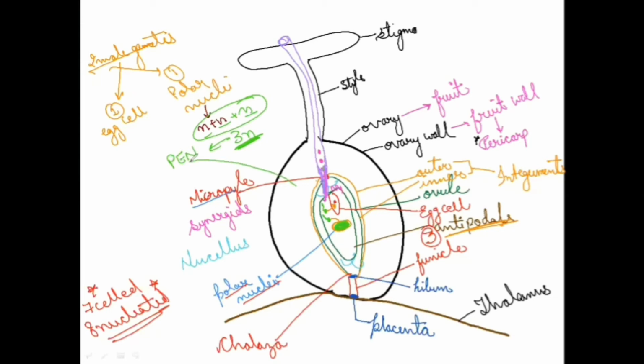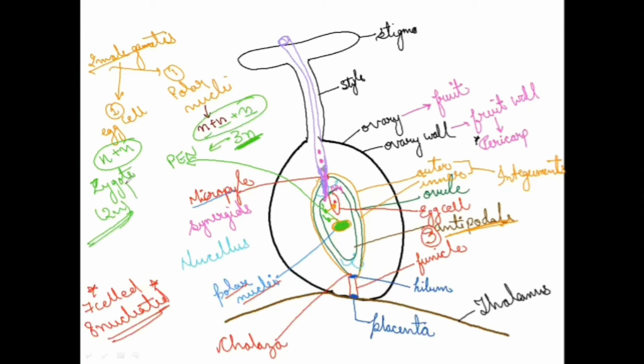The primary endosperm nucleus is formed when the polar nuclei fuse with the male gamete, whereas when the male gamete fuses with the egg cell, one egg cell haploid plus one male gamete haploid, they are going to form the zygote, which will be a diploid structure.